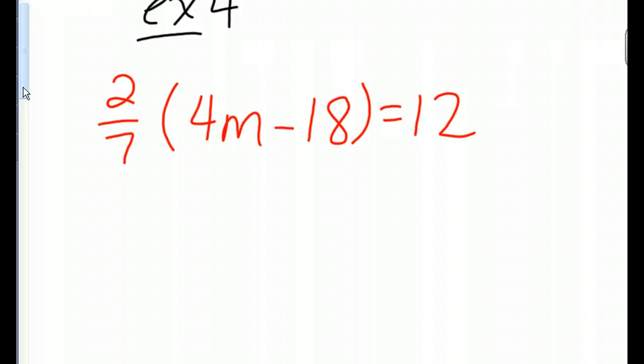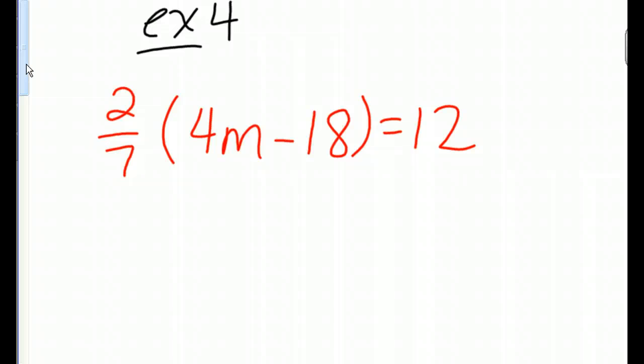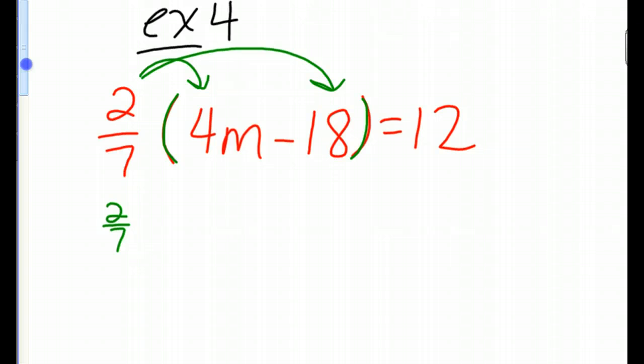So same thing though, example 4, we have 2/7 times 4m minus 18 equals 12. So this 2/7 we still distribute it just as we would any other number. Remember when we multiply fractions, it's just like saying 2 over 7 times 4 over 1.